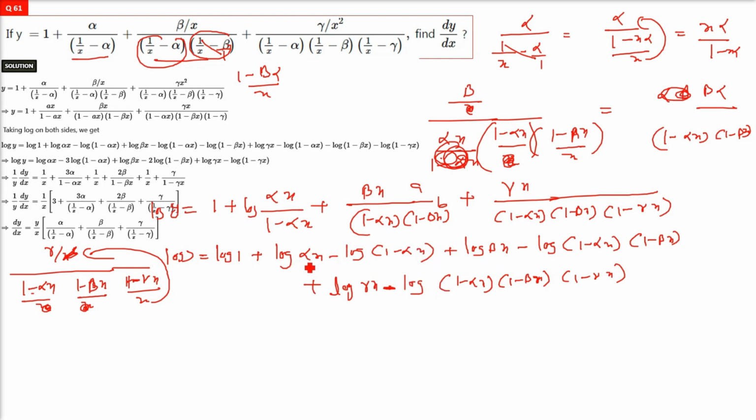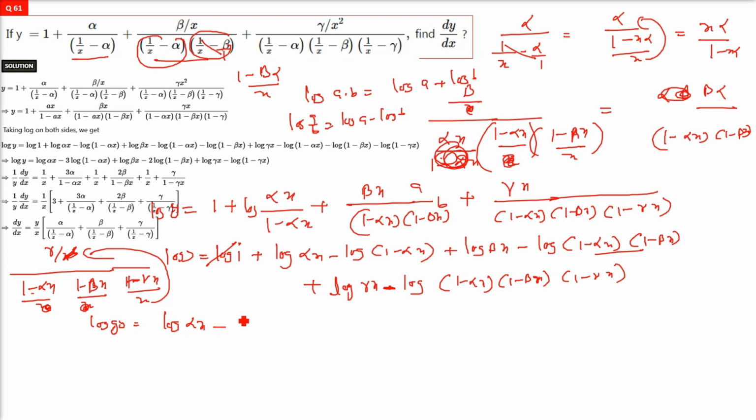See, log αx, log βx, and log γx, they all are in plus form, and log a into b is log a plus log b. Because log a by b we already used, log a by b is log a minus log b. So log y is equal to this. Log 1 is 0, so I am not writing it again. And log αx, log βx, and log γx, you can combine them together if you want, or you can just keep it like that.